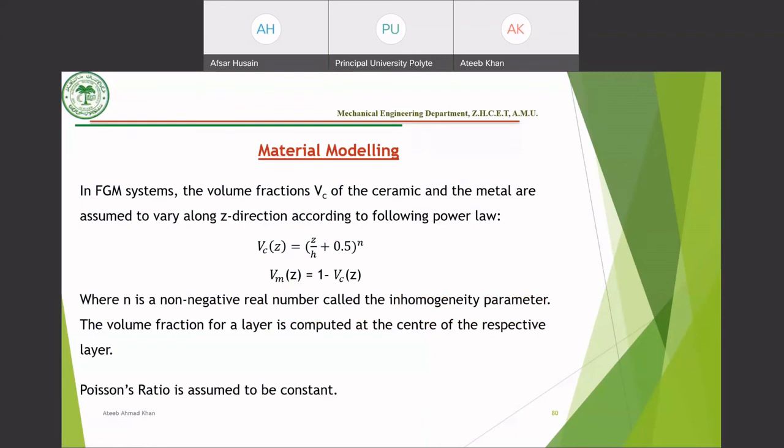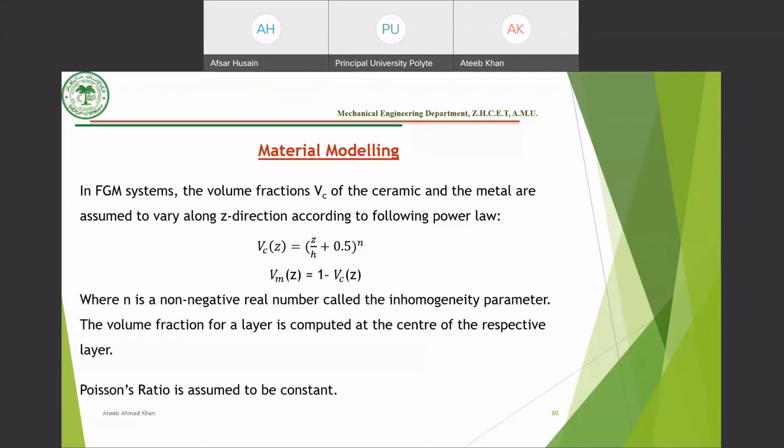Generally, the composition is gradually changing in the height direction, or the thickness direction. So the idea is to first calculate the volume fraction of the first material and the second material.